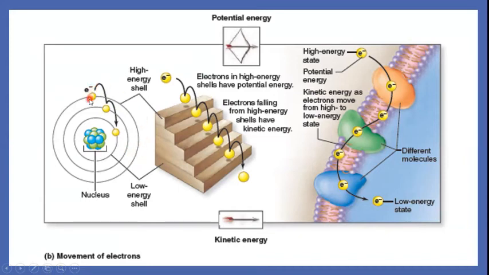If we take that electron and bounce it down to the next shell and down to the next one, it's losing energy. It's letting that energy out. So electrons in the high energy shells have that potential energy. As they fall through each shell, they're losing it. They're producing kinetic energy though. That energy is that loosed arrow that can be used by someone.